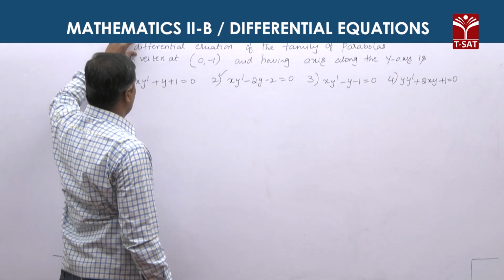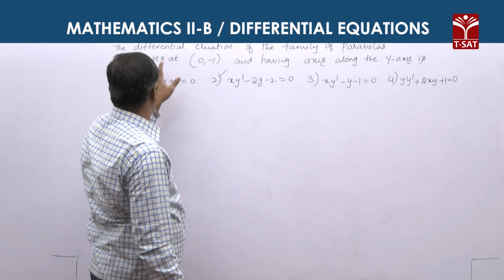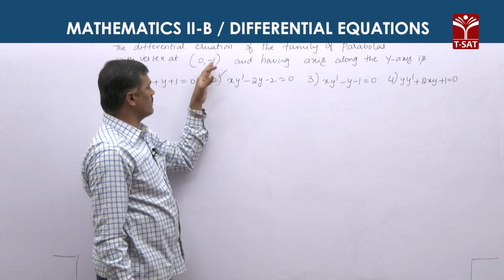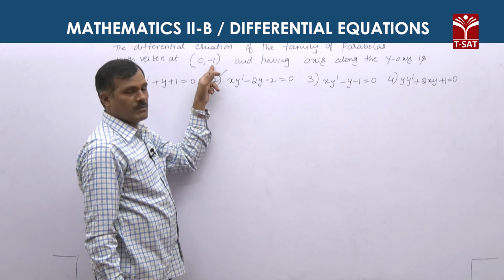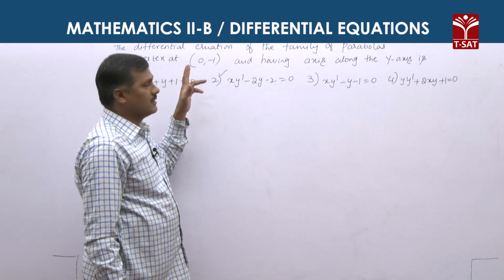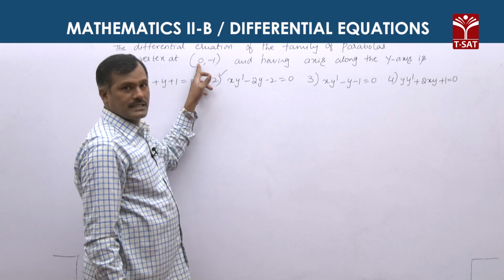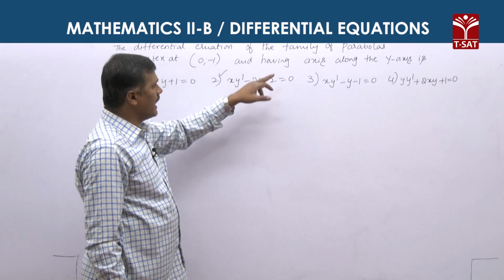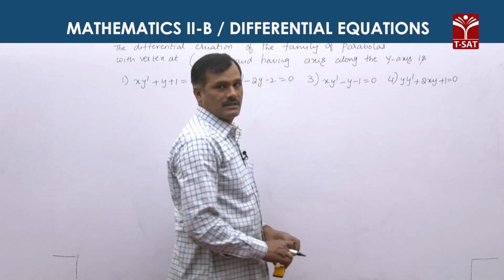In the given problem, the differential equation of the family of parabolas with vertex at (0, minus 1). (0, minus 1) means the x coordinate is 0 and the y coordinate is minus 1. The x coordinate is 0, so it lies on the y axis. So this given point lies on the y axis and the axis of the parabola is along the y axis.